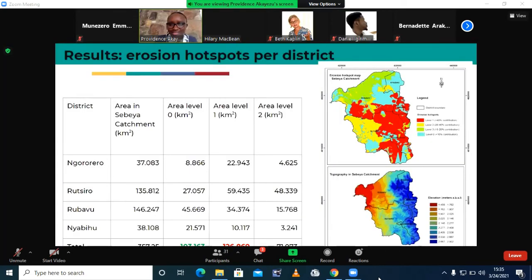Again, I will not go into much detail, but you can interpret the colors. The red is the major priority site that we would consider if we go into controlling the soil movement, the river sedimentation, but also the landscape protection in the catchment.